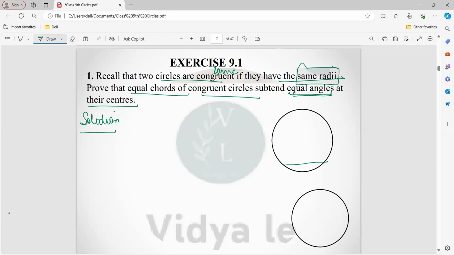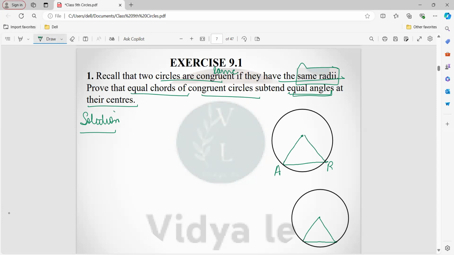We need to prove that if the two chords are equal, then the angles subtended by these two chords at the center are also equal.